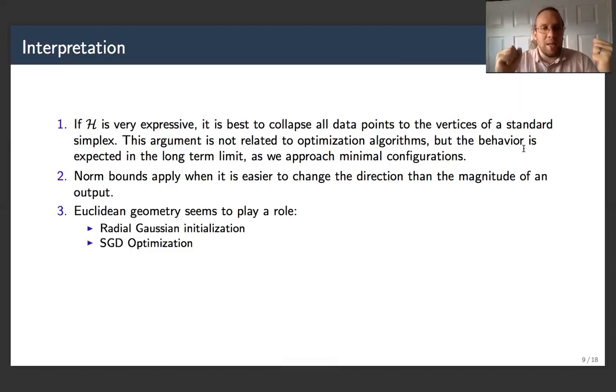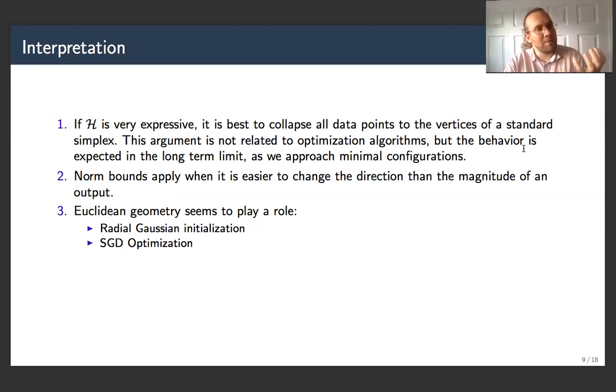There seems to be a specific role that Euclidean geometry plays for the penultimate layer result, because if I've got this k-1 dimensional space that is spanned by all the outputs of the penultimate layer, then if I've got a Euclidean space, I can rotate that any way I want. If I've got p which is not equal to 2, then there are many, many possible geometries. So Euclidean geometry seems to be important.